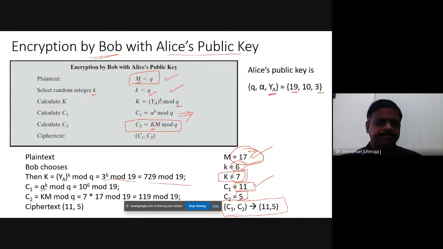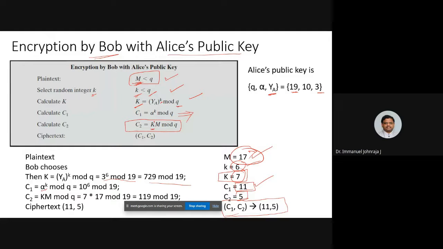All right. Now, the plain text chosen for our example is 17, which is M, and he chooses a random integer k, which is less than q, and then he calculates K as YA to the power k mod q, simple step. Two ciphertexts are calculated in ElGamal, unlike our RSA. So C1 is alpha power k mod q, C2 is K times M mod q.